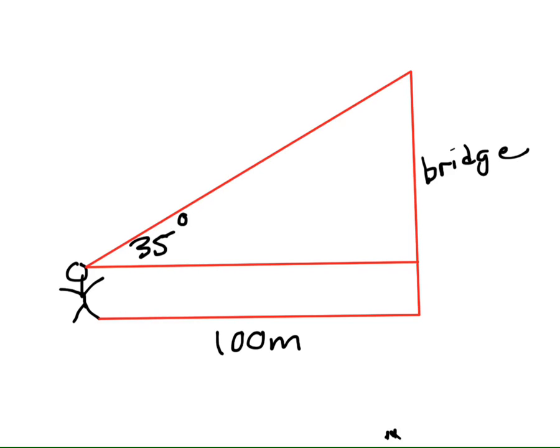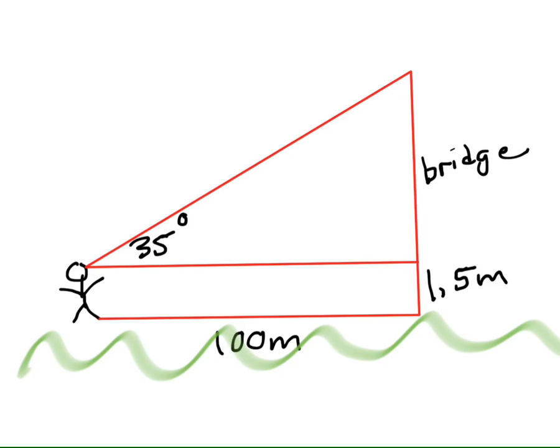Okay. And it says his eye level is 1.5 meters above the ground. So that means from here to here is 1.5 meters. Right? From the ground, so you know, here's my grass. So from the ground to his line of sight is 1.5 meters. I label it over here.